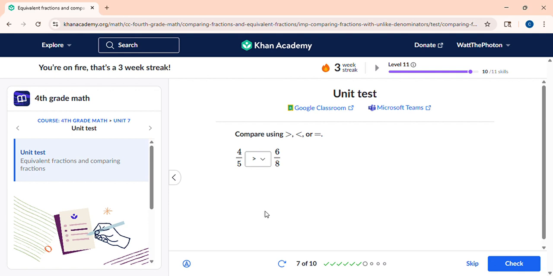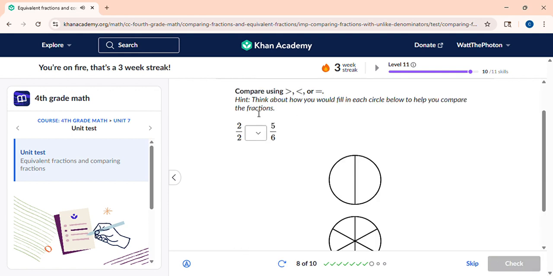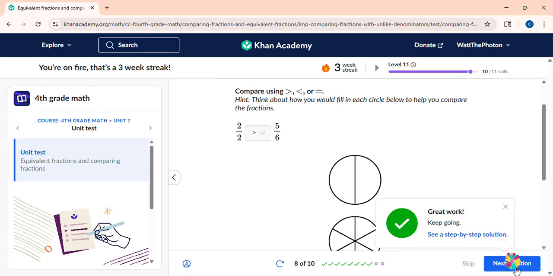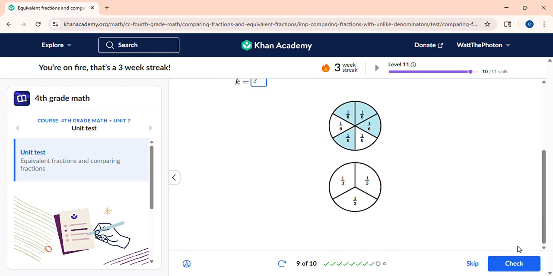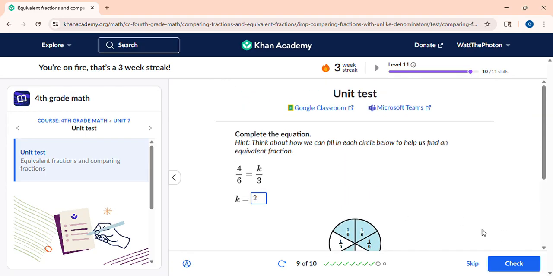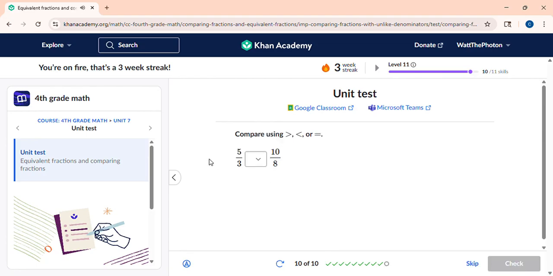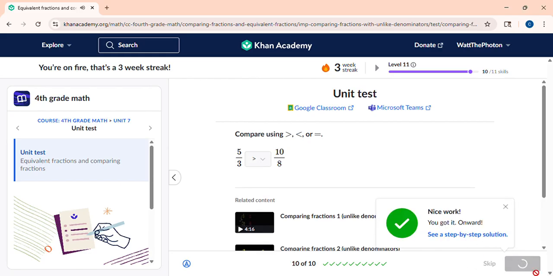So 0.8 is bigger than 3/4. There we go. Wrong thing. There we go. I think that's it. Yay.